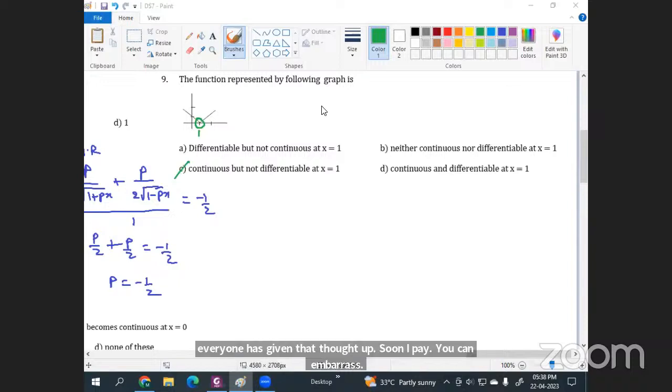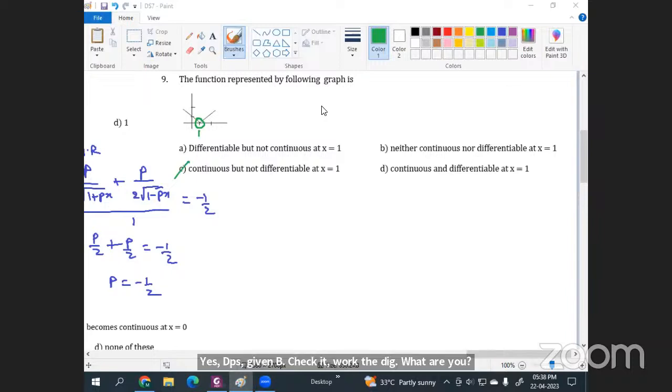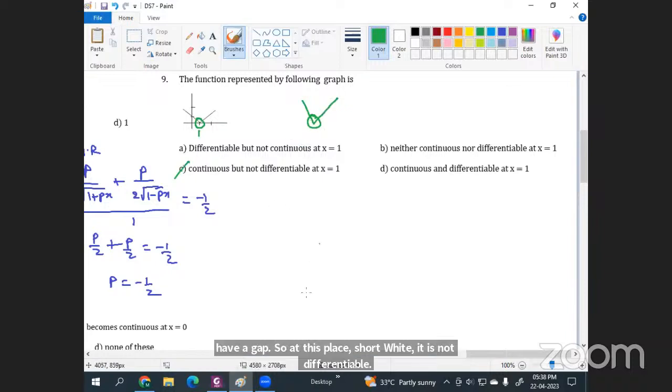DP has given B. Check it once, why did you get option B? It should be continuous only, because the graph has no lift, nowhere do we have a gap. At this sharp point, it is not differentiable. It is continuous but not differentiable.